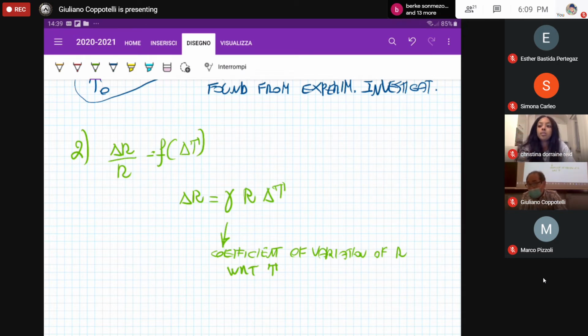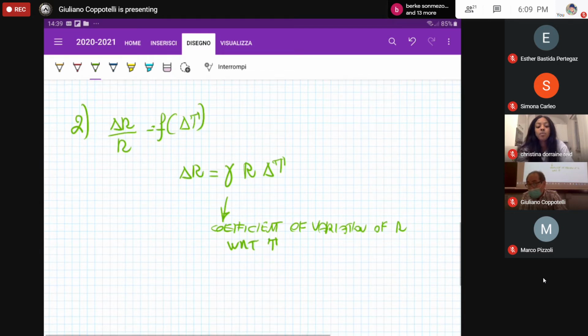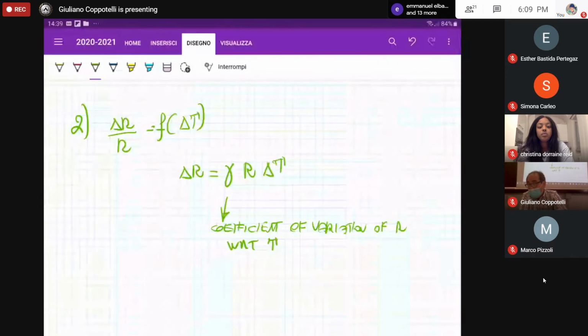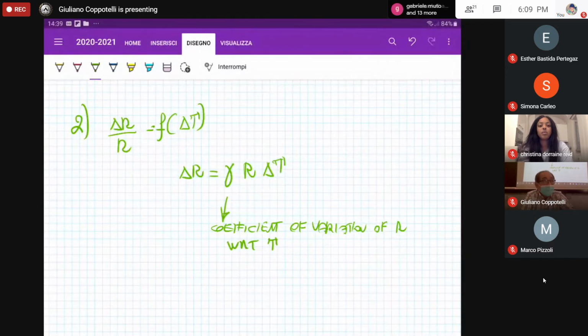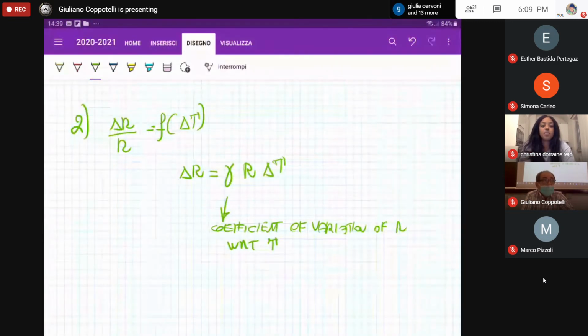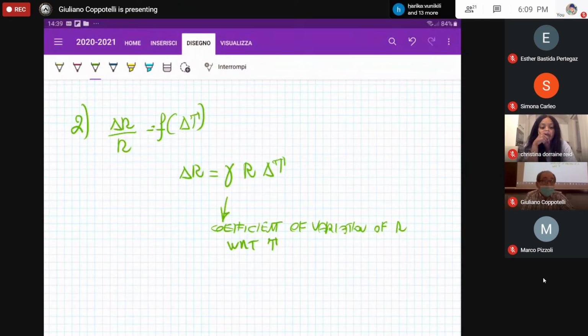Now, once again, what does delta T mean? Delta T is the change of the operating condition with respect to the reference one, which is the reference temperature. Once again, it is the temperature at which the gamma coefficient is defined.